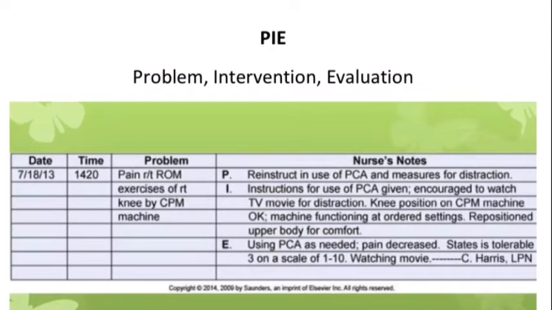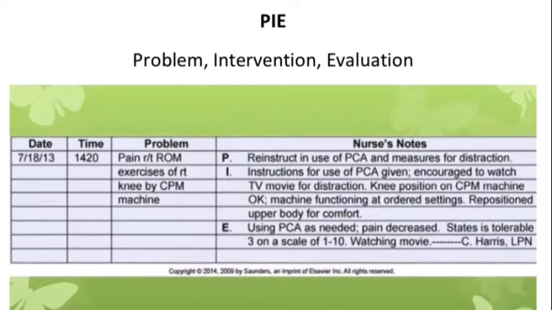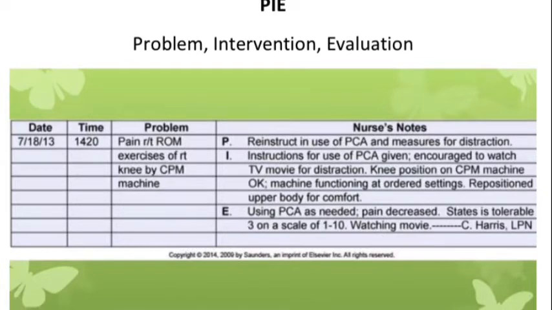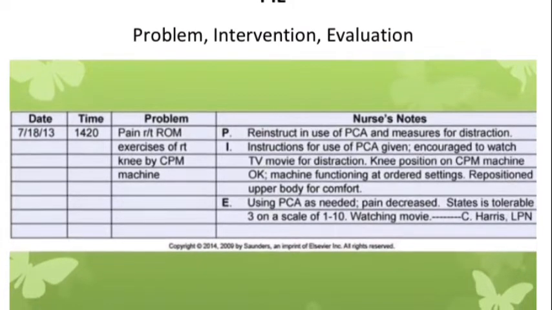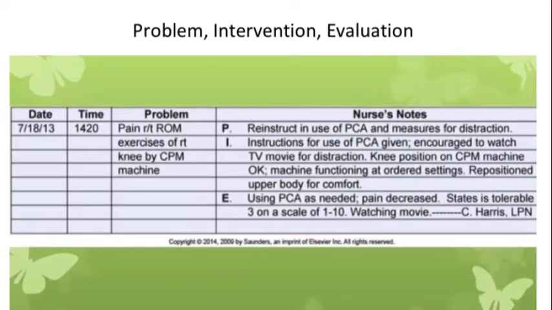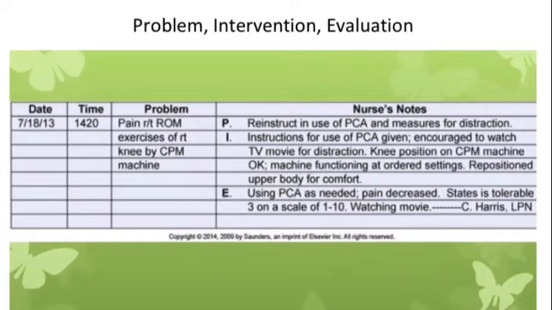Intervention would be the medications that the doctor put the patient on. And then the evaluation would be, after the patient has successfully taken their medications, you recheck the blood pressure and what was the outcome. That would be an example of PIE charting: problem, intervention, and evaluation.